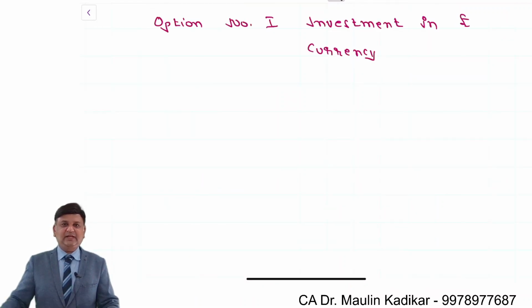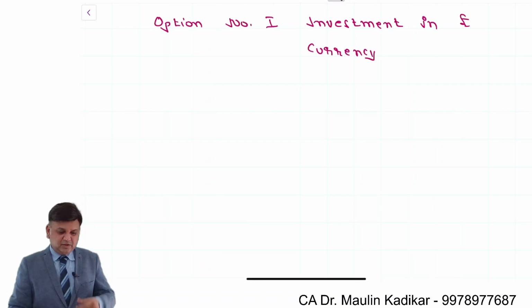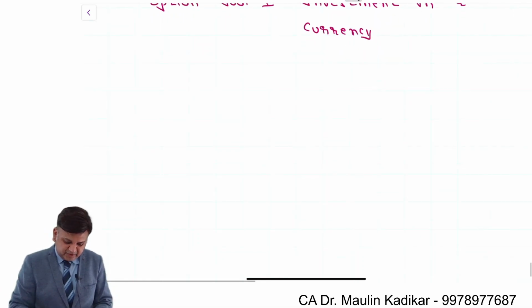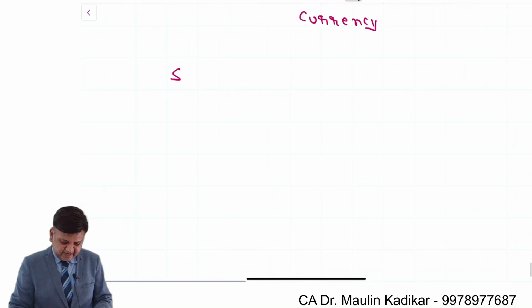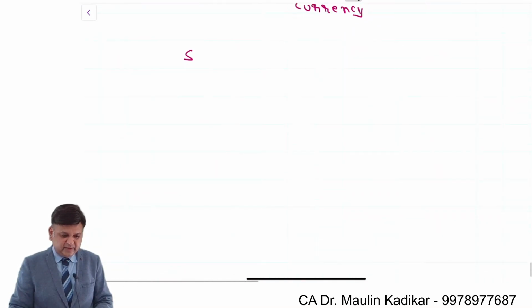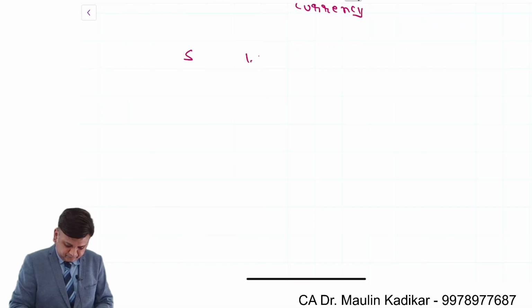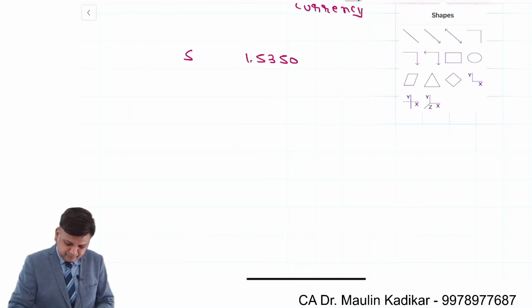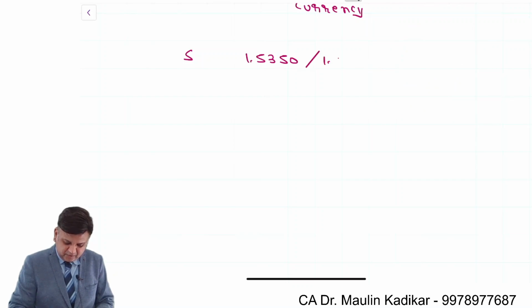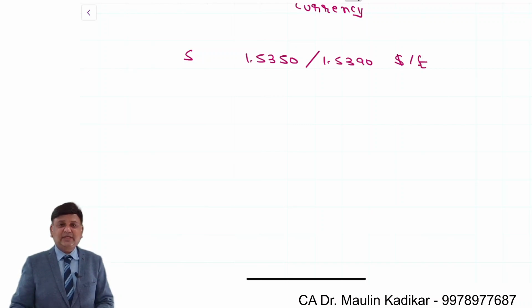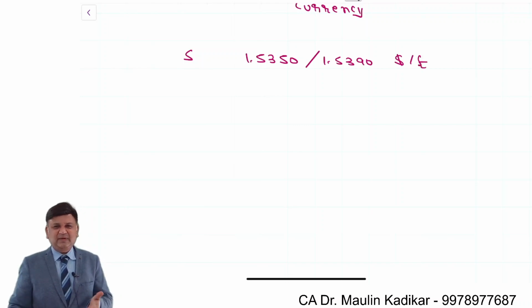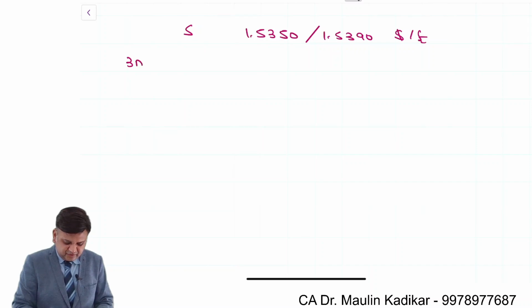First of all, let us have an understanding of how we are going to make the calculation. So friends, over here spot exchange rate is provided to us as 1.5350 slash 1.5390 dollar per pound. 1 month and 2 months forward points are provided just to misguide us. As far as the 3 months forward points are concerned, that is relevant for us.